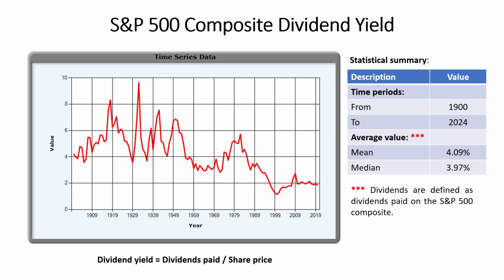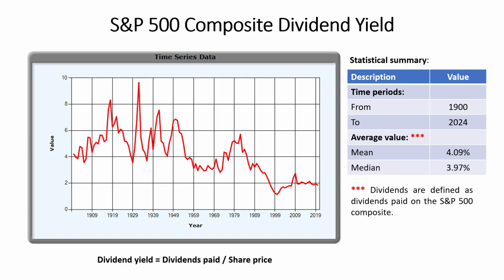If we take a look at the table to the right, again, this is a Shiller time series. It goes from 1900 to 2024, and the mean value of the dividend yield was about 4.09%, and the median was 3.97%. So we can basically say that the average dividend yield is about 4%.